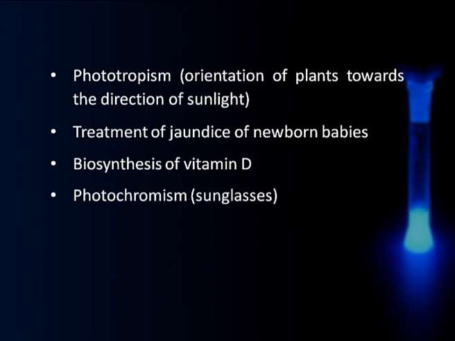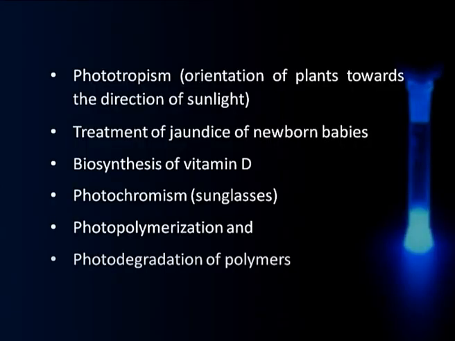Another example is photochromism. We use sunglasses because they change color depending on the intensity of light, and there again photochemistry is involved. Another is photopolymerization, because this is an age of polymers, and a lot of polymerization is done with the help of light. There are also many polymers which undergo degradation because of photons.